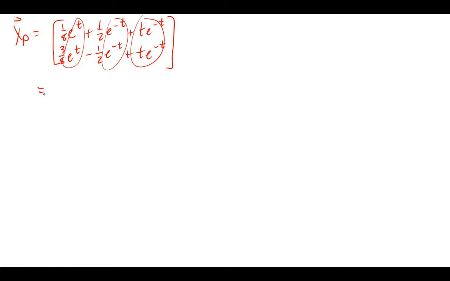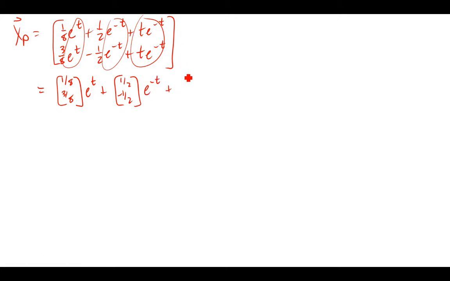So cool kids would say, oh, well, that's really actually just the vector 1/8, 3/8 times e to the t. And then this is the vector 1/2, negative 1/2 times the scalar e to the negative t.